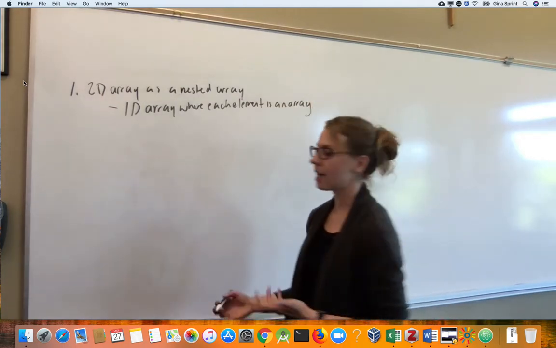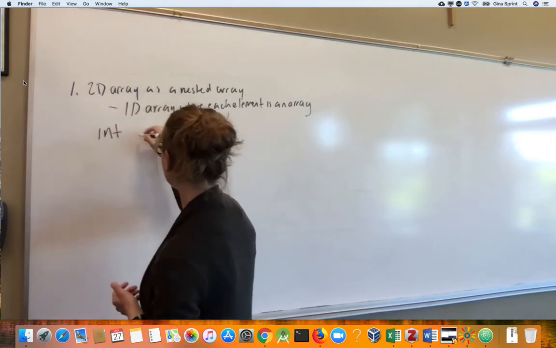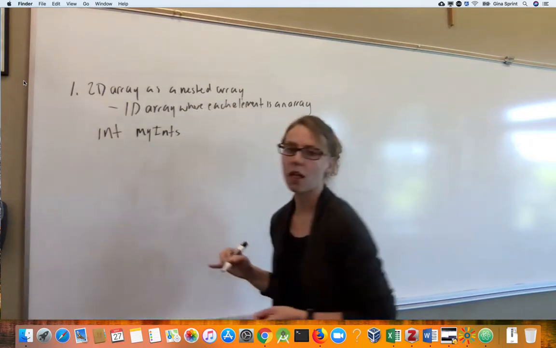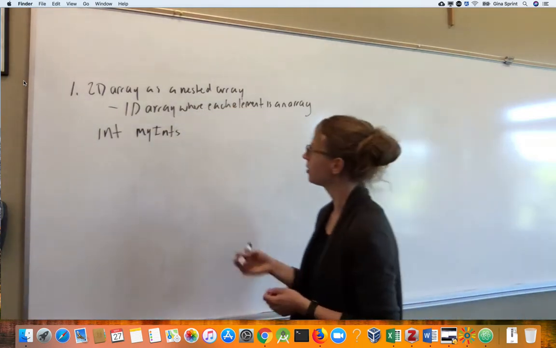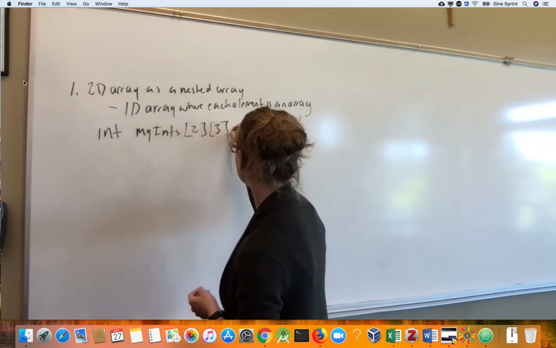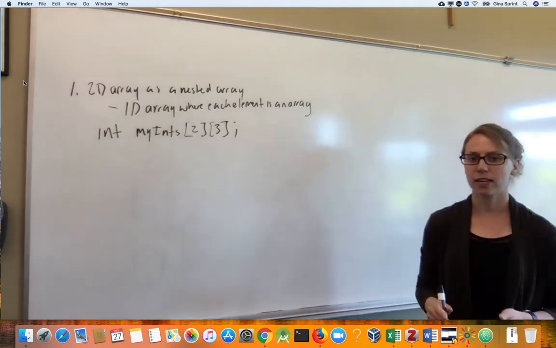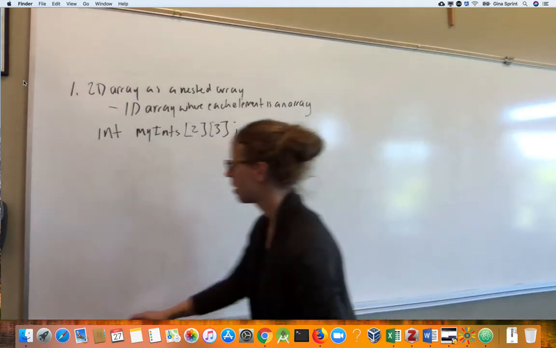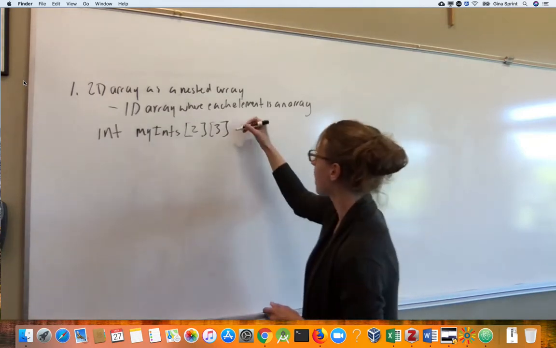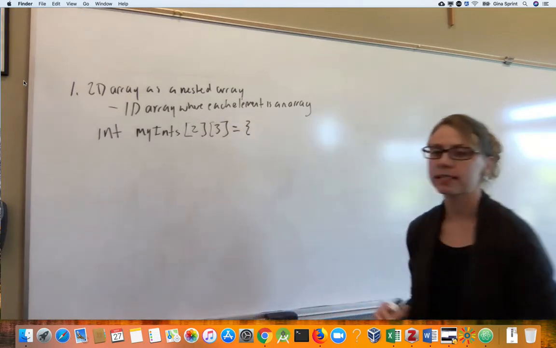So let's take a look at an example. Let's say we have a 2D array of integers called myints, short for myintegers, and we've declared this to be 2 by 3 in size. I can also initialize this array at the same time that I declare it by using curly braces.